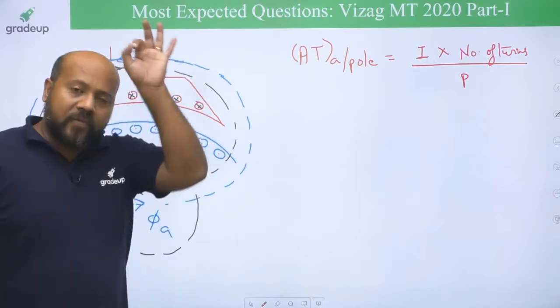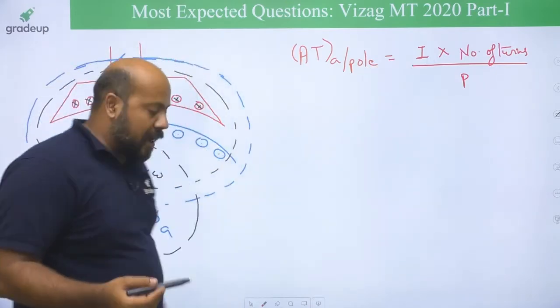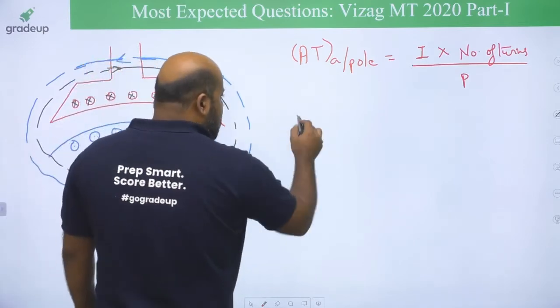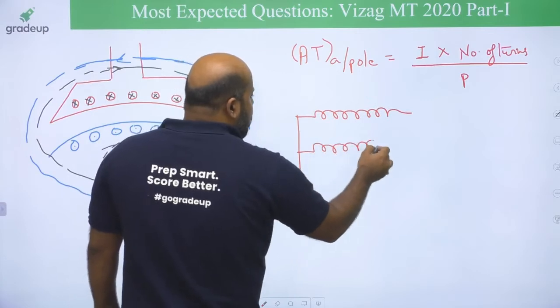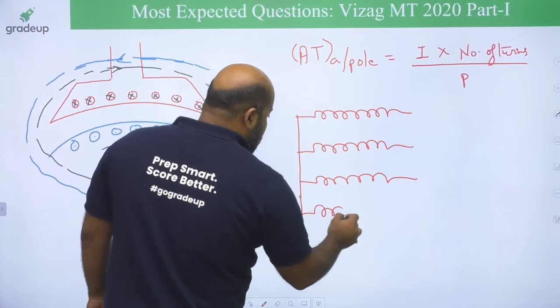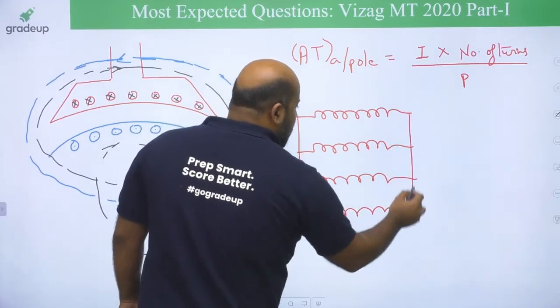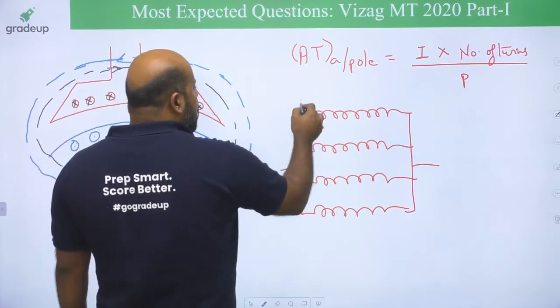Now you tell me, if you have a DC machine, what is going to be the current in each turn? I am asking you current in each turn. Suppose there are 4 parallel paths. You tell me what is going to be the current in each turn. This is going to be IC.